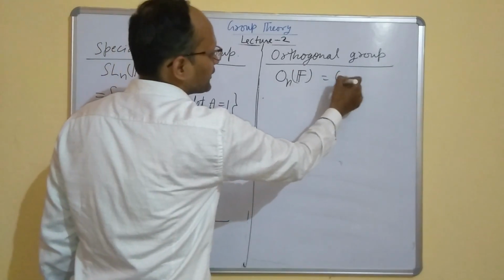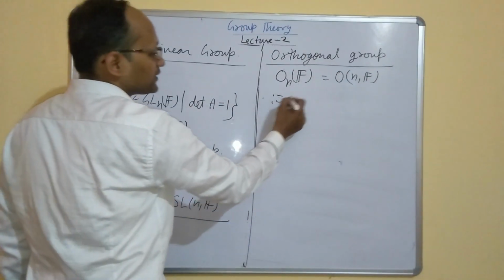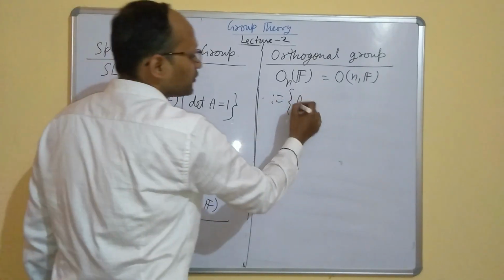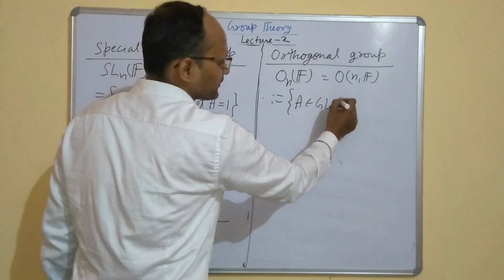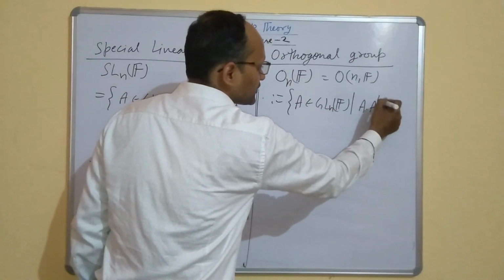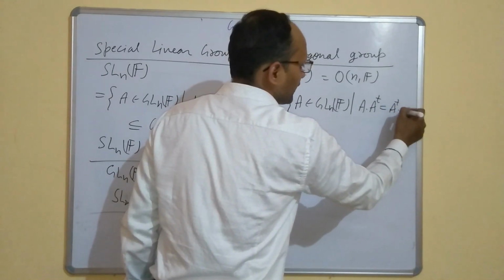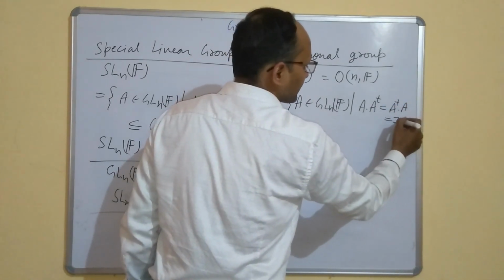Some people also write it in another notation. So how is it defined? This is the set of those matrices in GLnF such that A into A transpose is equal to A transpose into A is equal to identity.